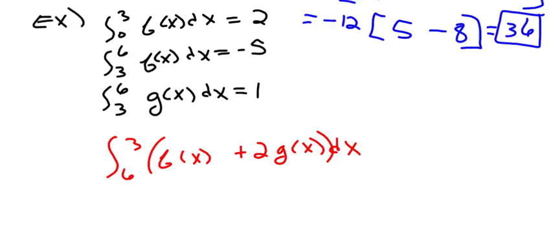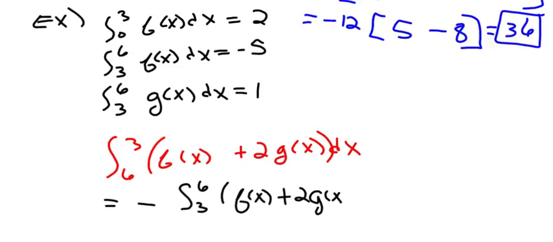So we can do the same manipulations that we've been doing. If I want to reverse the bounds, I have this. And then from here, I'm going to substitute in some numbers. From 3 to 6, I should have that f of x from 3 to 6 is negative 5 plus the 2 times the g of x.